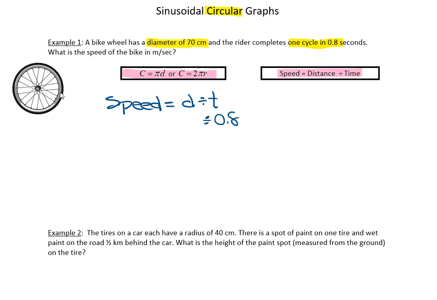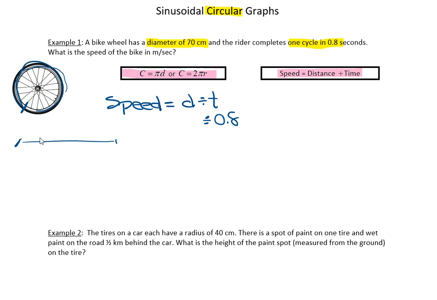So if you imagine taking this tire right here and cutting it, say I cut it right here, and I laid it out flat. So I took this and pulled it out and laid it out flat, and here's the tire all laid out flat from there to there. That's the circumference, this length around here.